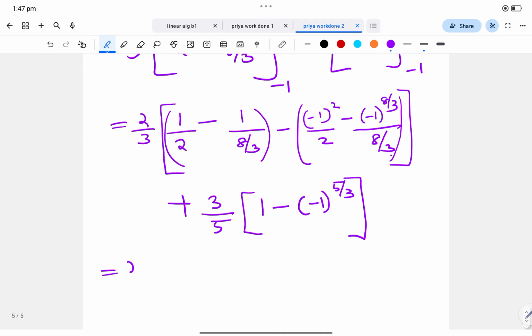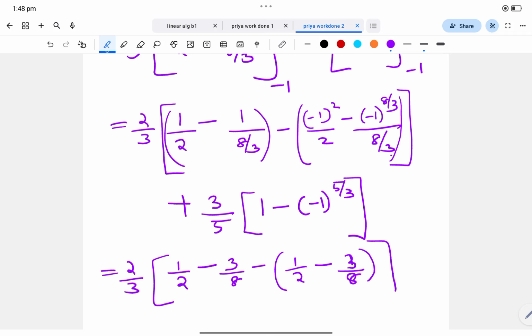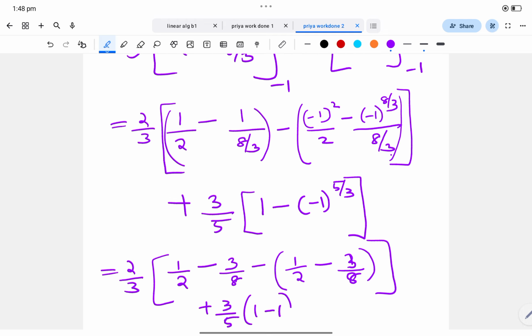This is equal to 2/3 into 1/2 minus 3/8, minus (−1)²/2, which is again 1/2, minus (−1)^(8/3), which is 1, over 8/3, that is again 3/8, plus 3/5 into (1 − (−1)^(5/3)).